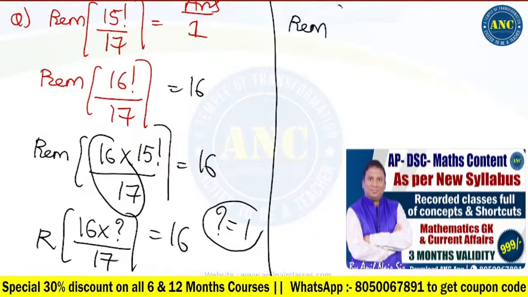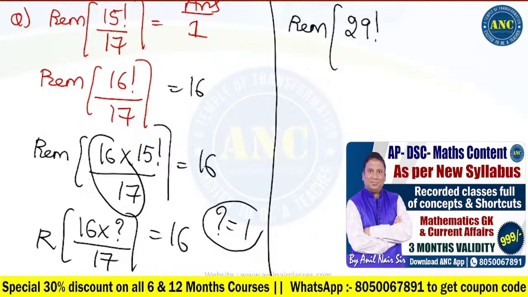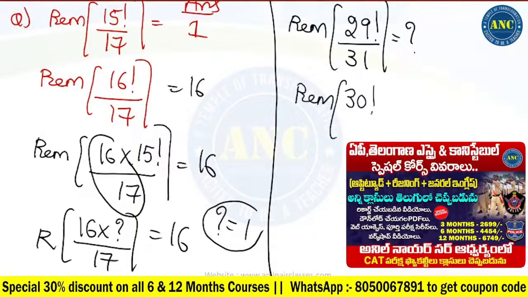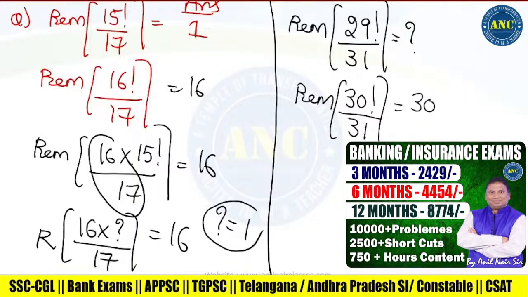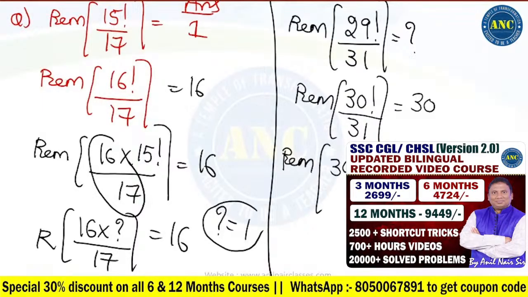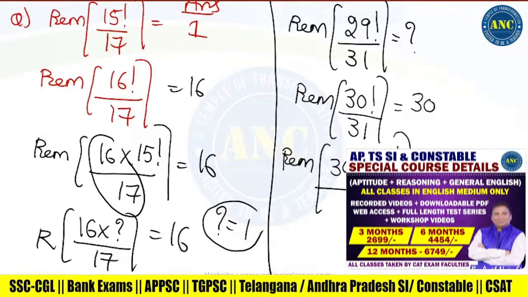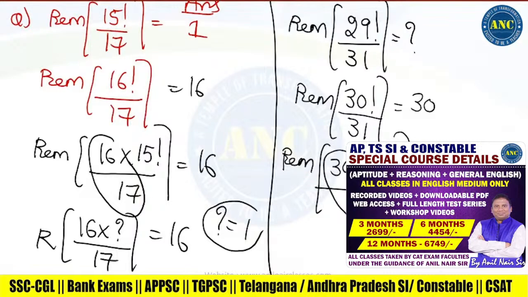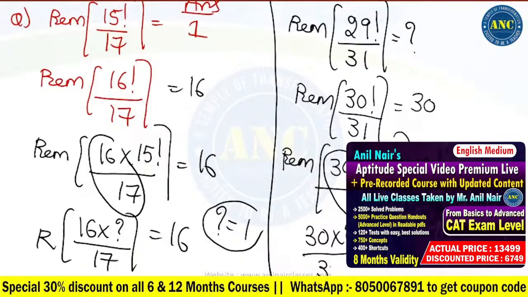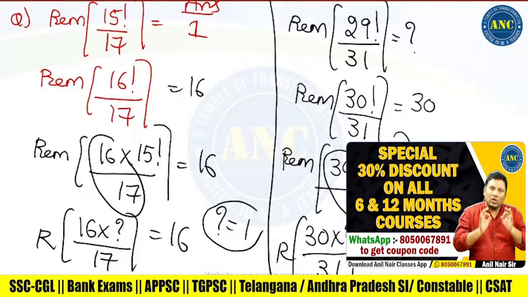Suppose the idea is not clear, take 29 factorial by 31. If you observe carefully, 30 factorial by 31 is P minus 1 factorial by P, which is 31 minus 1, which is 30. 30 factorial is 30 into 29 factorial divided by 31, the remainder is 30. 30 by 31 gives 30, so 29 factorial by 31 is question mark, and the remainder is 30.